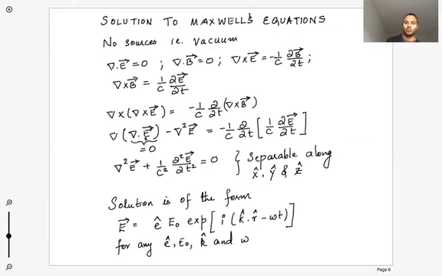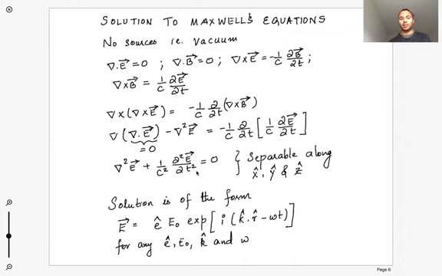And notice that this quantity is 0 because divergence of E must be 0 because we are in vacuum. And on the right hand side, I'm just going to substitute from Ampere's law. So curl of B is substituted from Ampere's law, and we're done basically. So the left hand side is just the Laplacian operator times the vector field plus 1 over c square, second derivative with time, equal to 0.